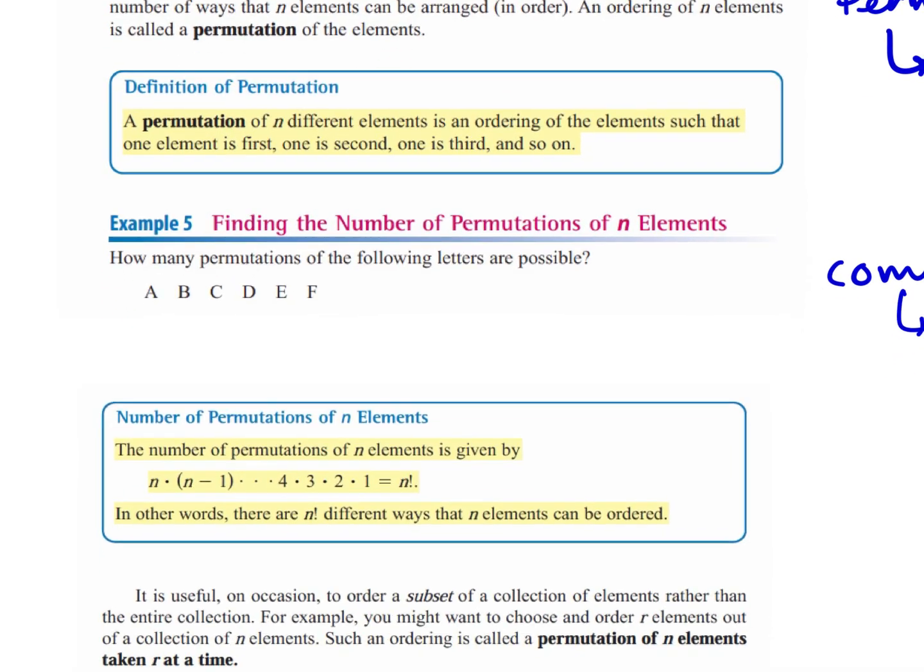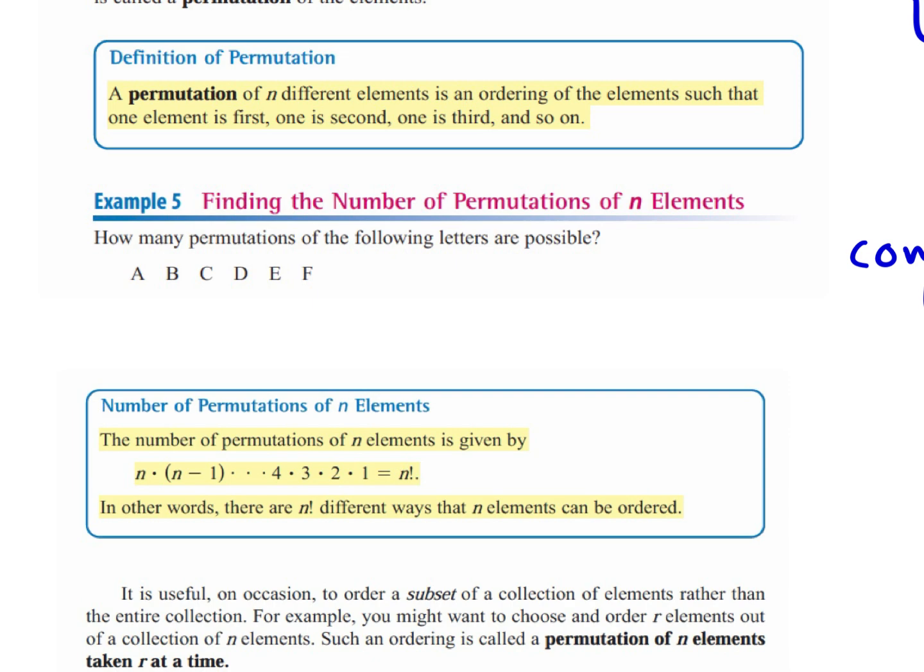Example 5, it says it explicitly in the question, how many permutations of the following letters are possible? So since this is a permutation, the order matters. How many letters do I have total here? 6. 1, 2, 3, 4, 5, 6. So how many different letters could be first? 6. But let's say we put A first. If A is first, A can't also be second.